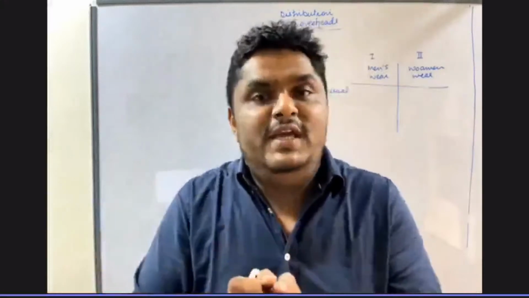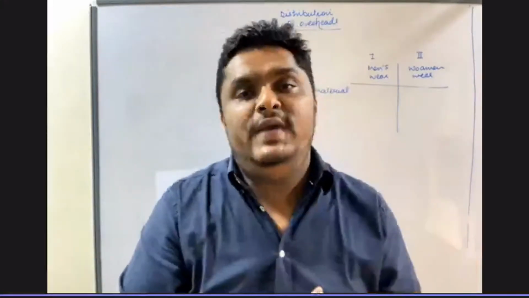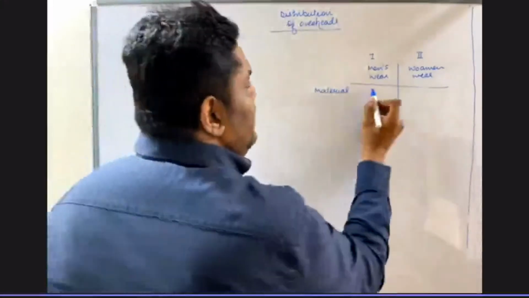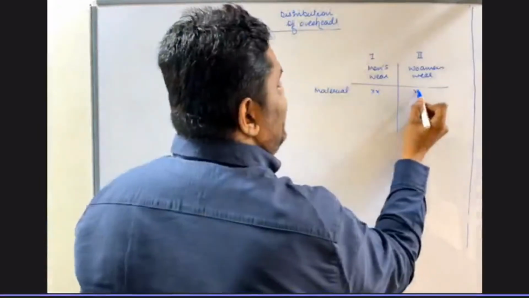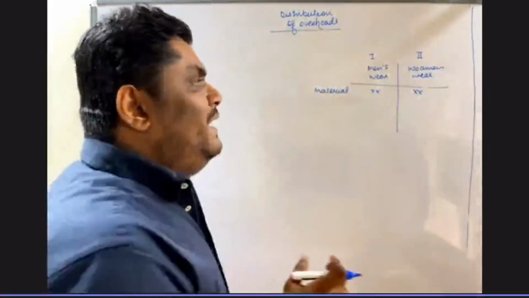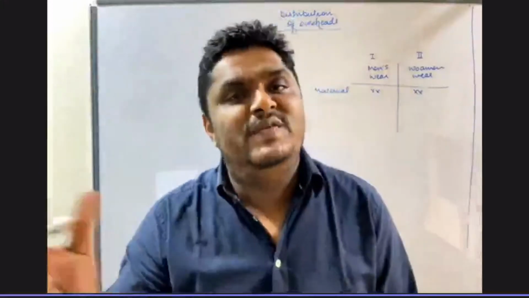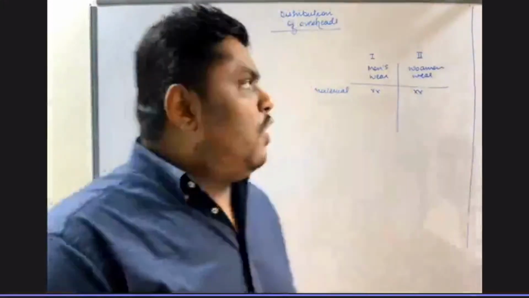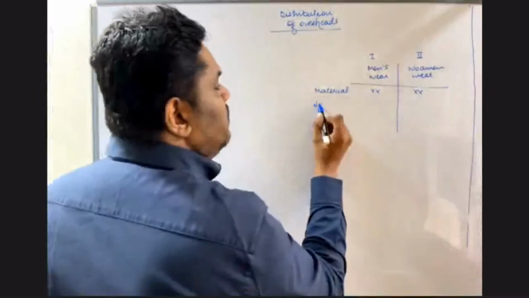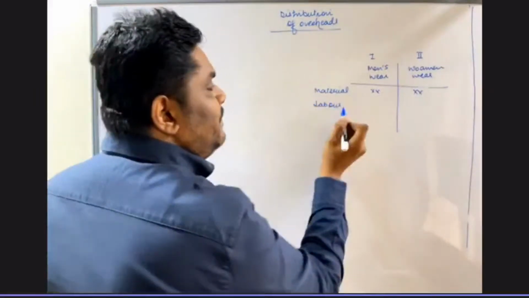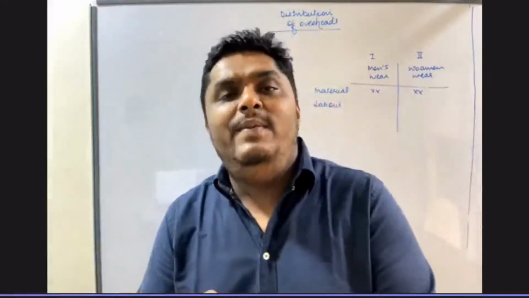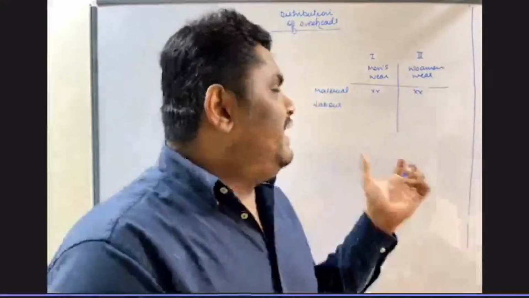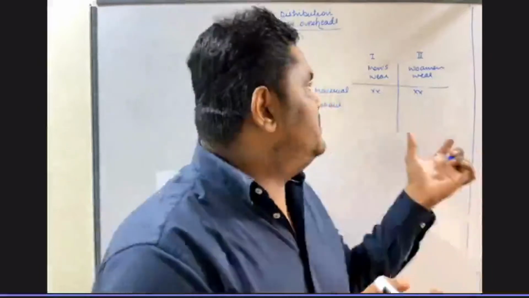We can easily identify कि ये material men's wear में use हो रहा है और ये material women's wear में use हो रहा है. So the material cost is incurred separately for men's wear and women's wear. When talking about labor also, again, I have a separate team to stitch men's wear and I have a separate team to stitch women's wear.